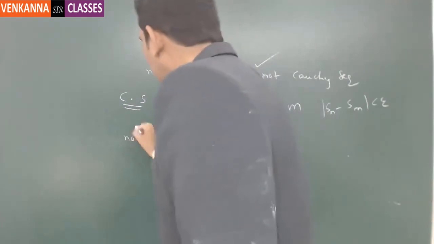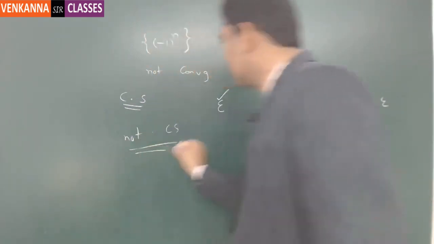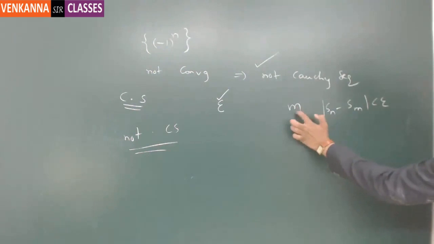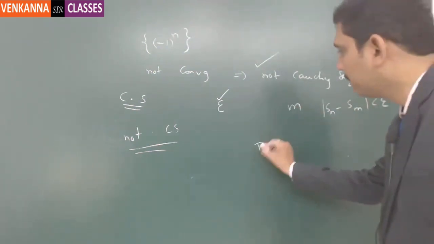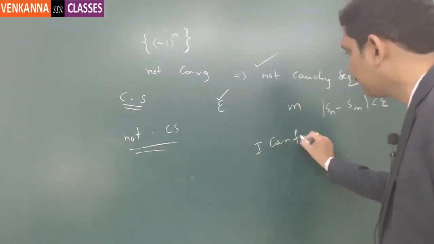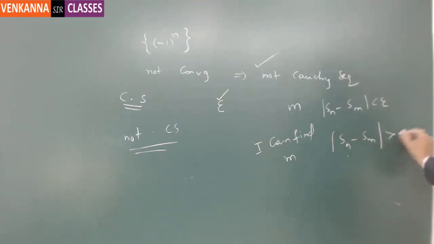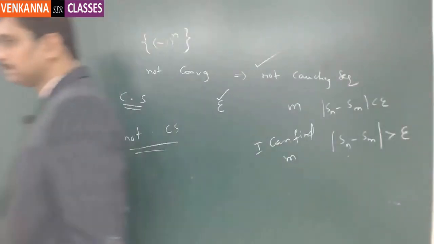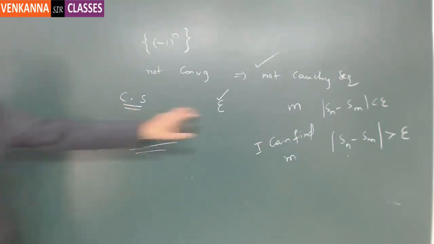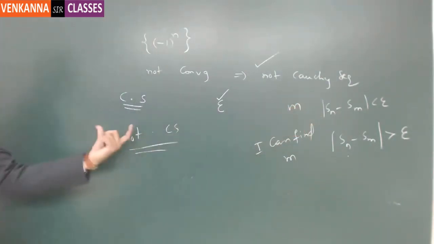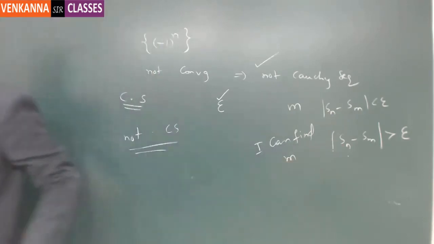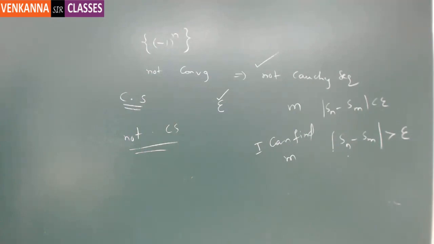If it is not a Cauchy sequence, it means that I can find a term number m such that if I calculate Sn minus Sm, it is greater than epsilon. So for a Cauchy sequence, this is the holding condition. For not a Cauchy sequence, this is the holding condition, right? Are you getting the concept?